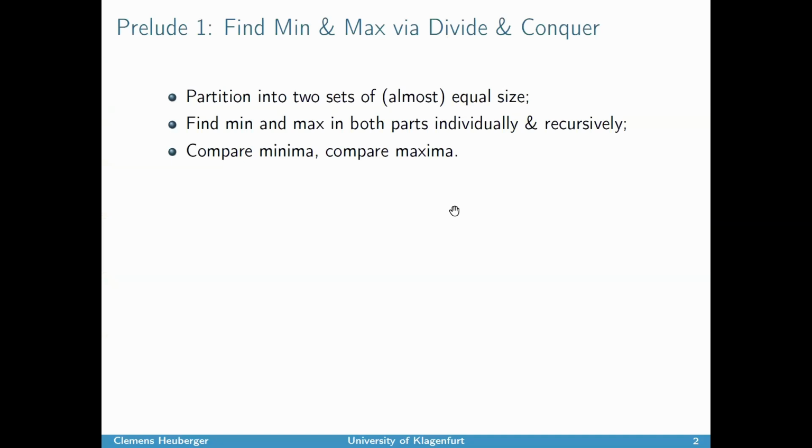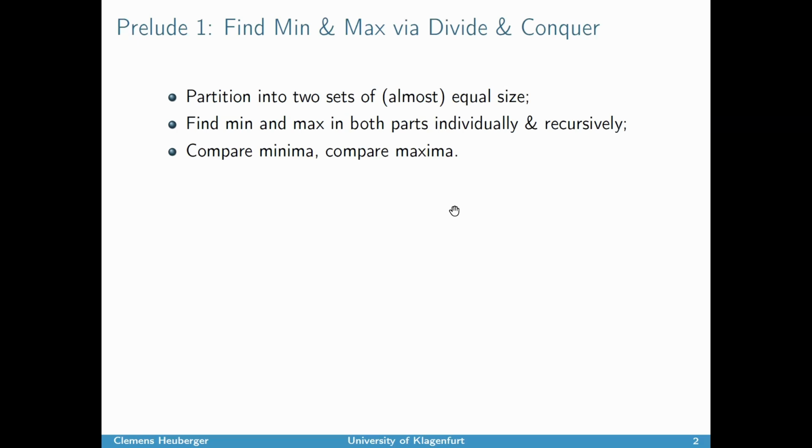Okay, I'm going to focus on 2 particular examples, and I'll speak about these 2 examples first. So my example number 1 is find minimum and maximum via divide and conquer. So what are we going to do? We have a list of numbers, say we'd like to find minimum and maximum.